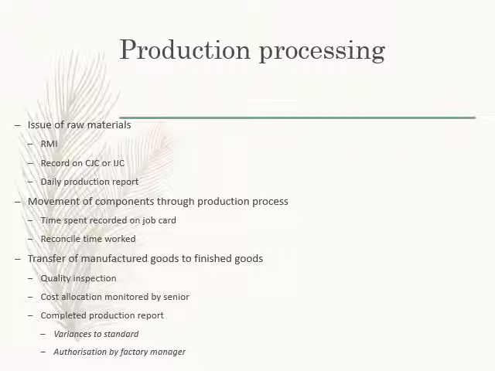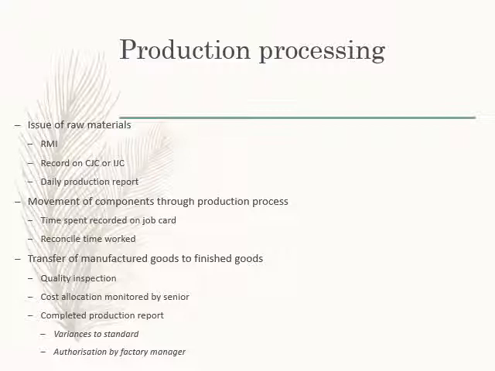Any differences between the total hours spent by production staff and the total time recorded on the job cards have to be investigated and accounted for. Typically, you'd have a shift foreman or a production manager who has the responsibility of doing that reconciliation and investigating any differences found on that reconciliation.